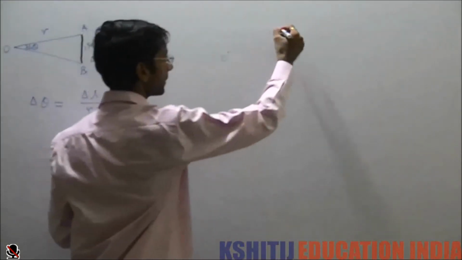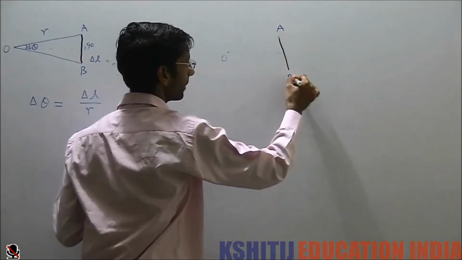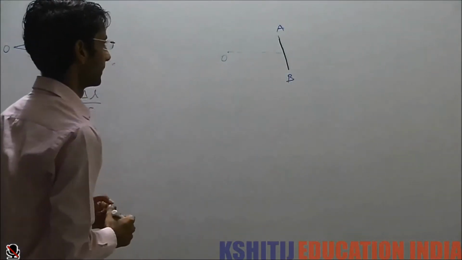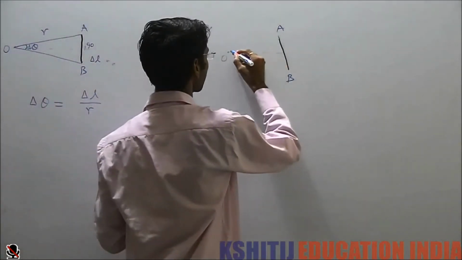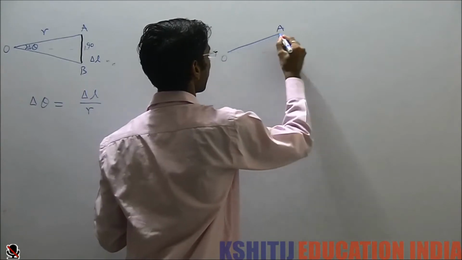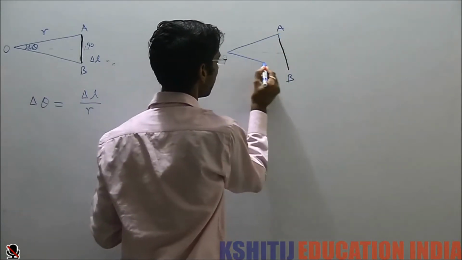So we are saying that this is point A, this is point B. What we will be doing basically, we will be joining this point, joining this point.